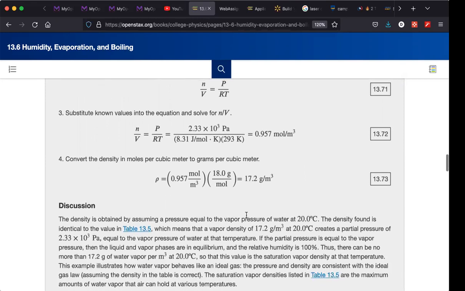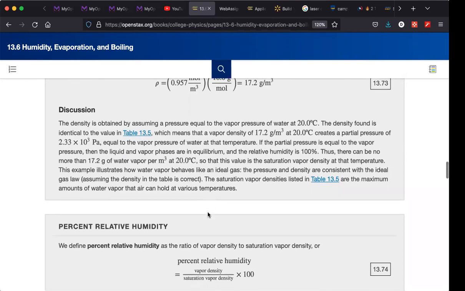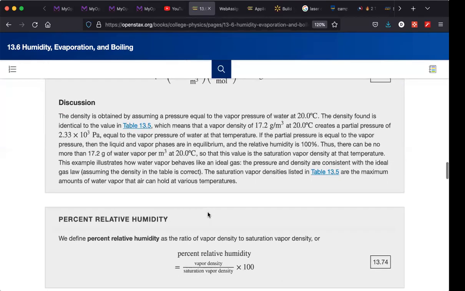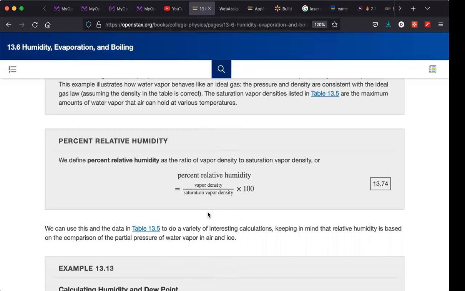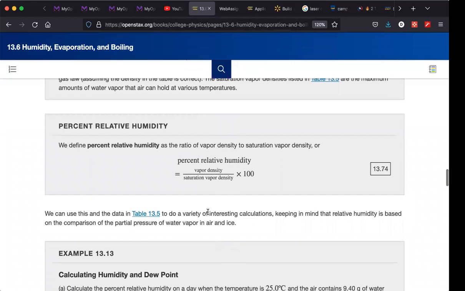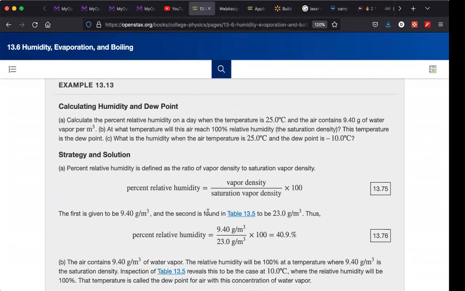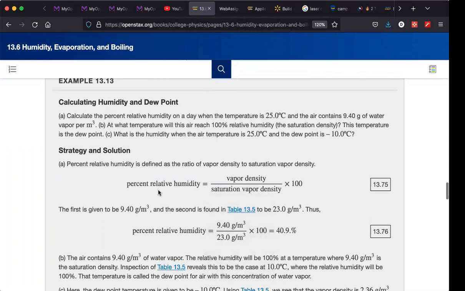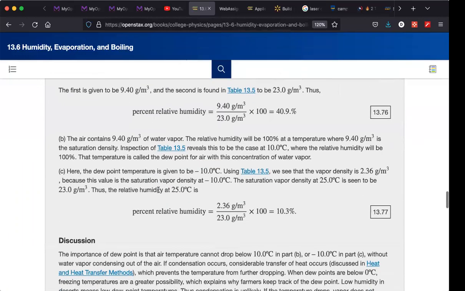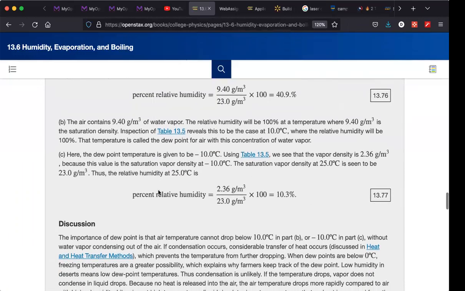So if that ends up equaling the vapor pressure, that's 100% humidity. Here they actually just run through it step by step, calculating humidity, and they also talk about dew point.